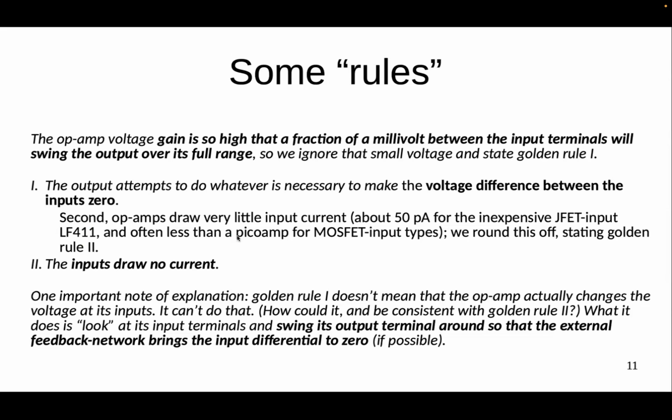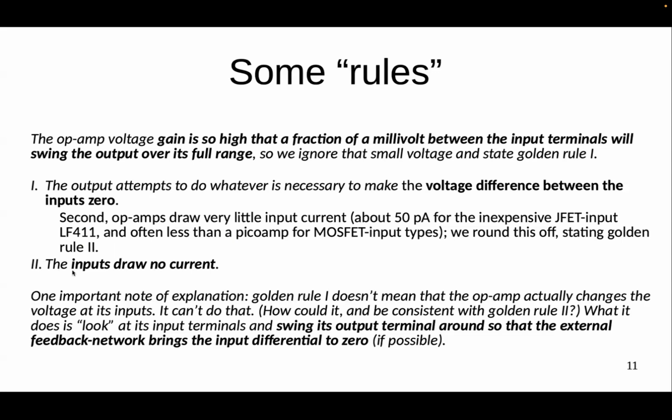Okay, so for example, the op amp will draw very little current from the inputs, and that is also very important to remember. That can go from 50 picoamperes for some cases, and up to less than a picoampere for some other types of op amps.